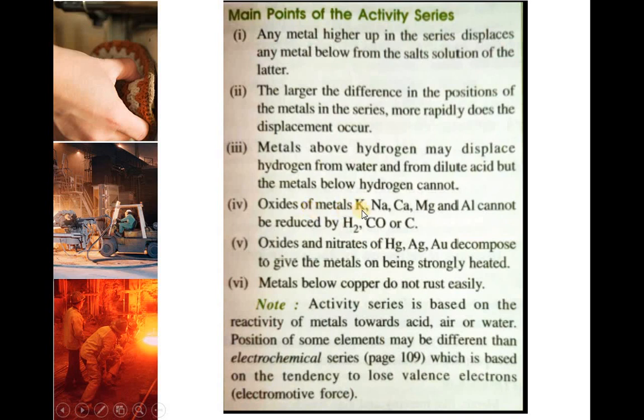Oxides of metals like potassium, sodium, calcium, magnesium and aluminium cannot be reduced by hydrogen, carbon monoxide or carbon in the form of coke. Oxides and nitrates of mercury, silver and gold decompose to give the metals on being strongly heated. Metals below copper do not rust very easily.